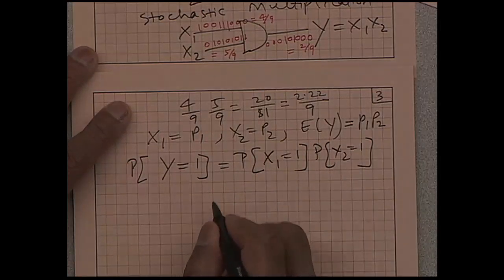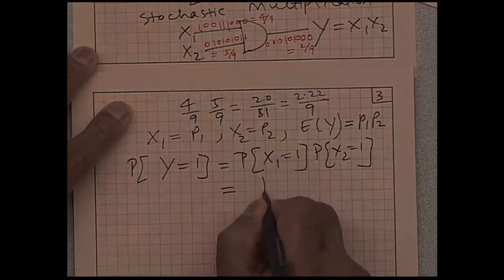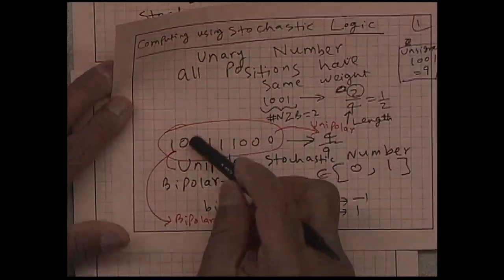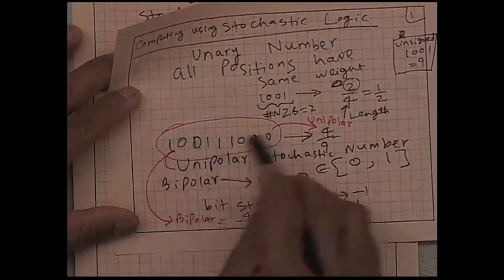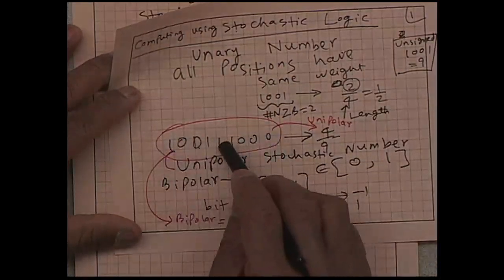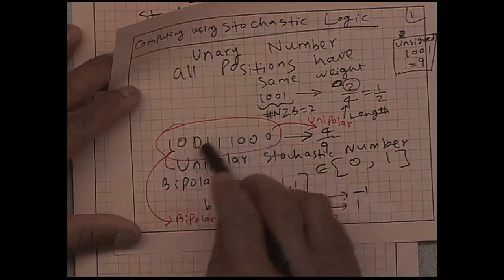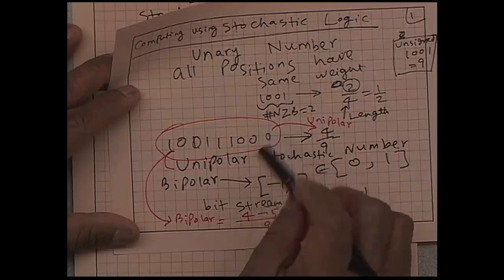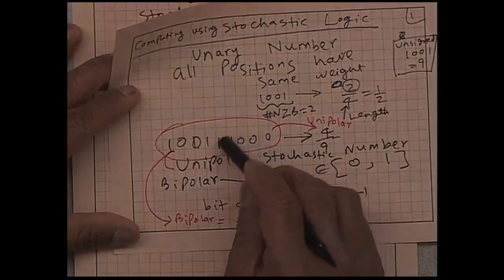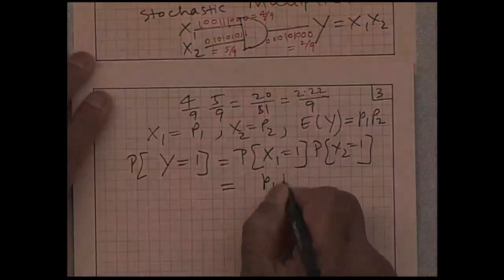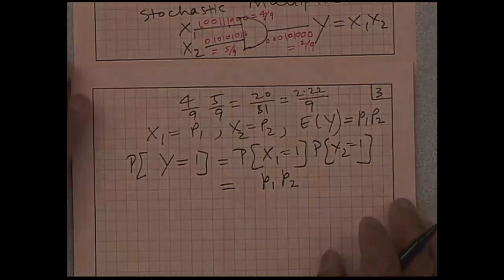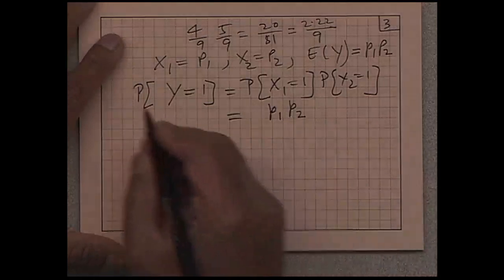And if I assume the probability that x1 is 1 is P1, then although it has lots of zeros and ones, ideally speaking, all I'm trying to say is that the probability of 0 is 1 minus P and the probability of 1 is P. So this is going to be P1 times P2. But really, this is in the expected sense.